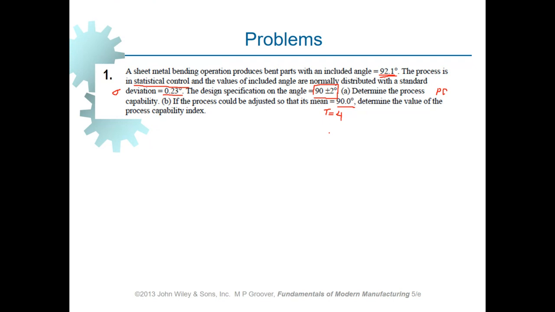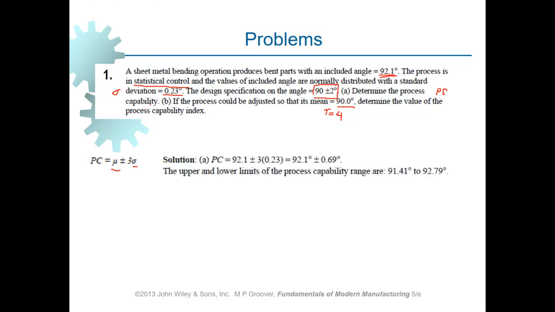And then in order to do that, what we need to do is to take the equation for PC from the equation sheet, which is this equation, equation number 40.1. So this is already given to us, 92.1. The value of sigma is also given up here, 0.23.